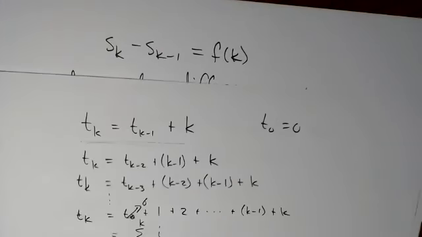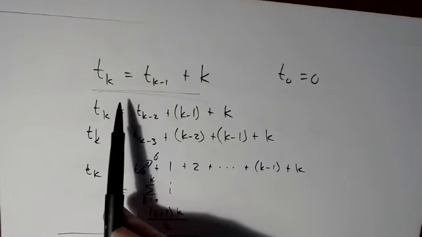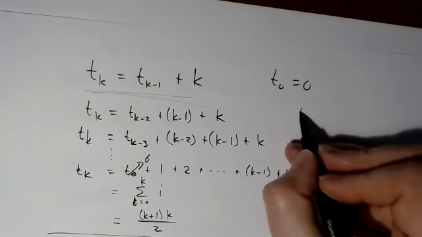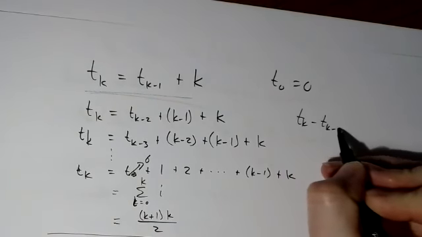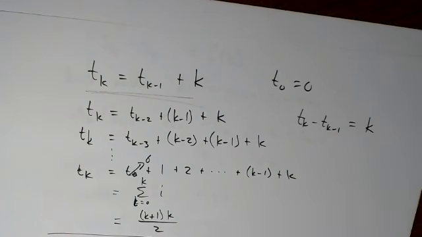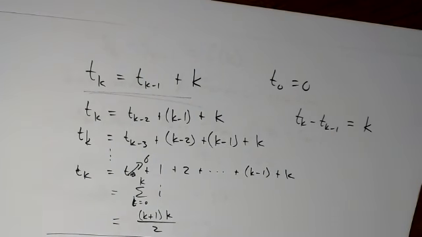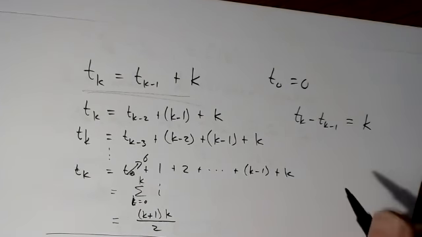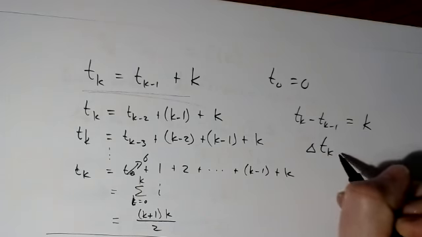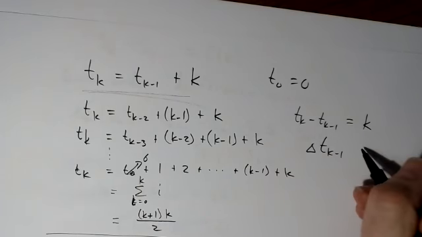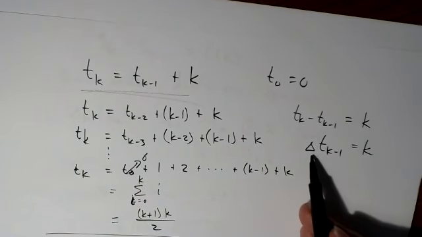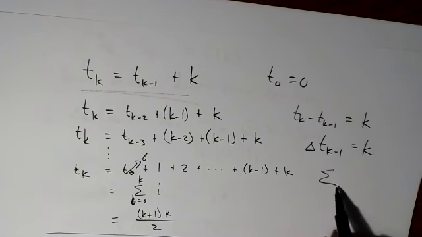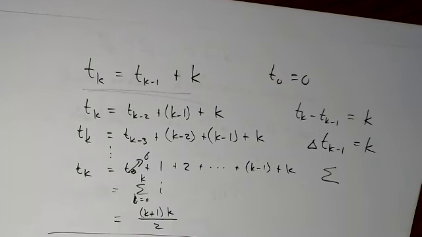And in fact, what we did here, because this guy was one, right? We can write him as t_k minus 1 equals k. So that is a first order difference equation. And the way you solve a first order difference equation like this, where you have basically delta t_k, or in this case delta t_{k-1} equals k, you solve this by summation. Summation is the discrete version of integration.